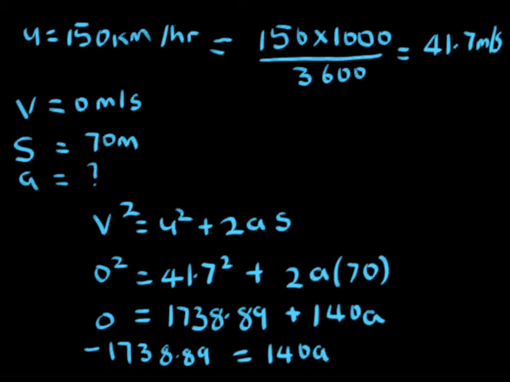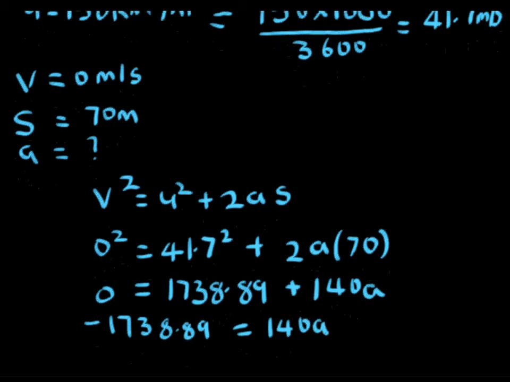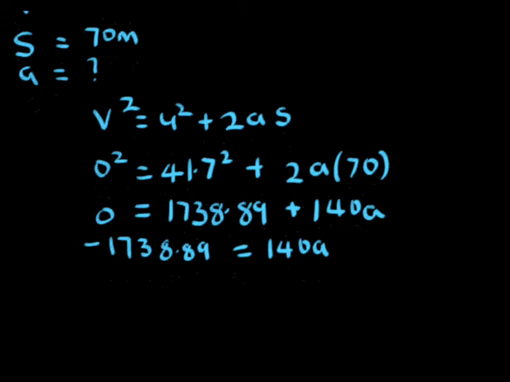So we divide both sides by 140 to set our a free. In order to find a, we divide both sides by 140.